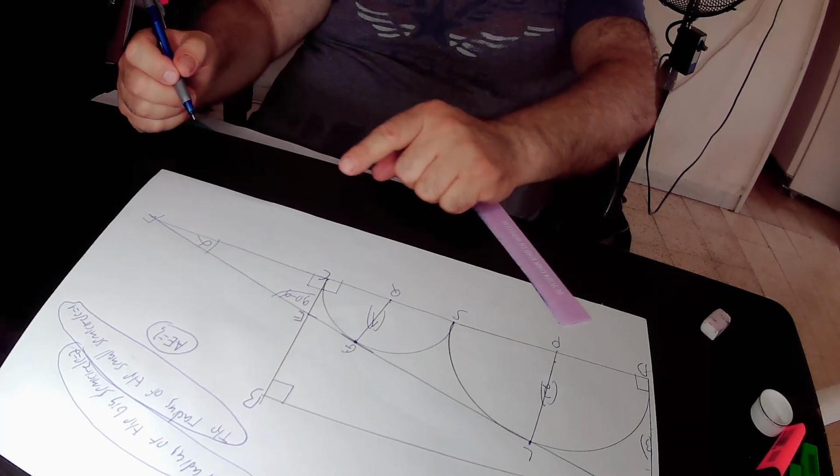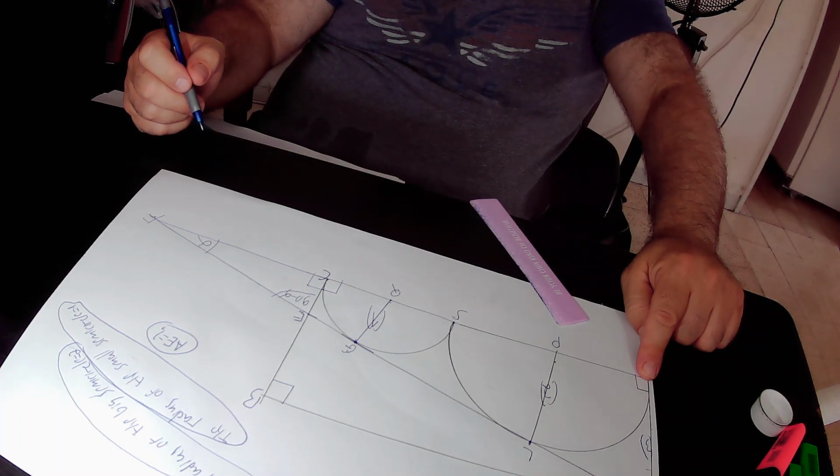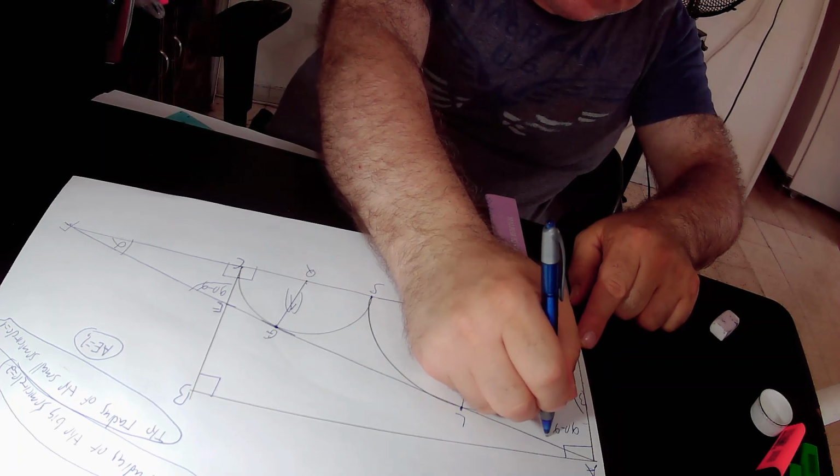Likewise, in the big right triangle ADF, this angle equals alpha, this angle equals 90 degrees, therefore the missing angle must be equal to 90 degrees minus alpha.